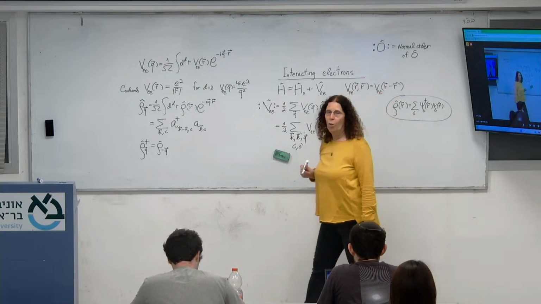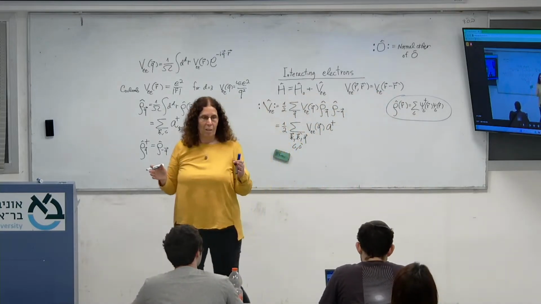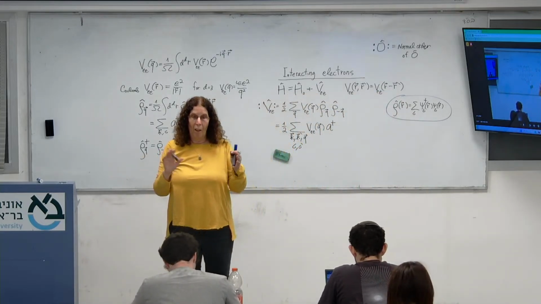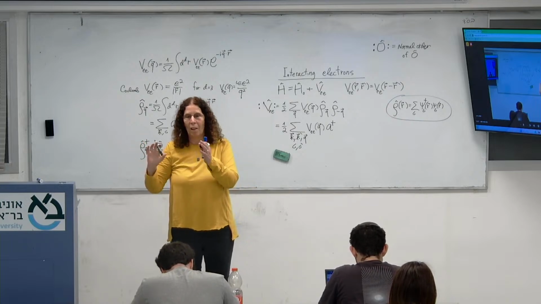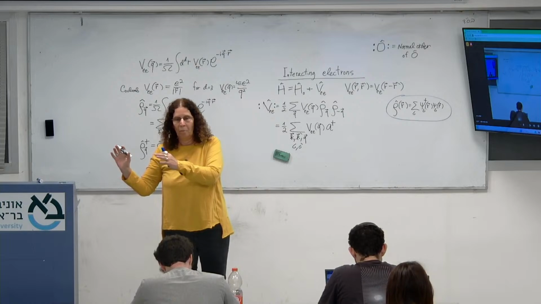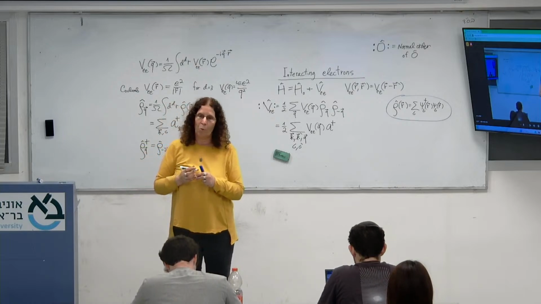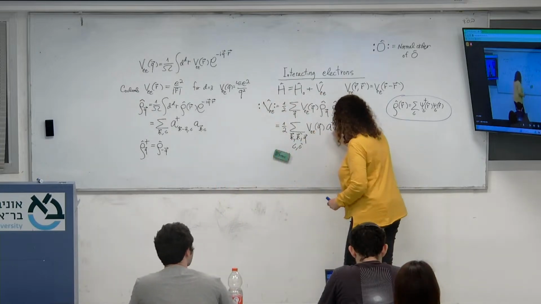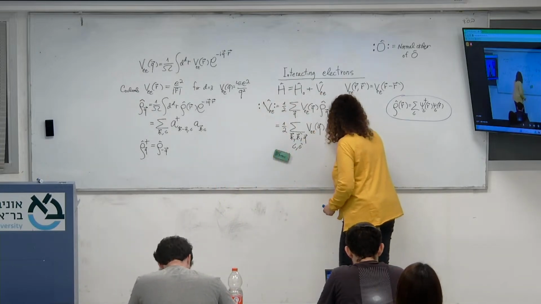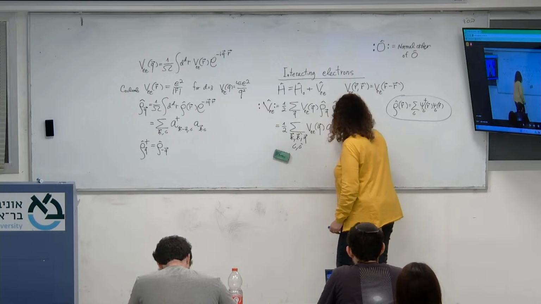What do I mean by normal order? It's a form where all the annihilation operators are on the right-hand side. So it will not have a vacuum expectation value. Okay, so now I'm writing it. How does it look?